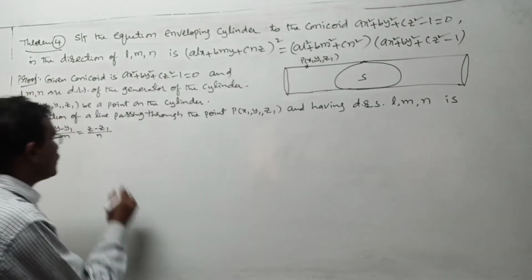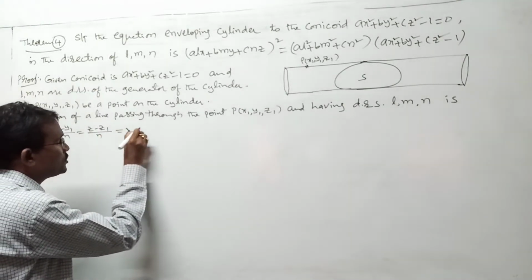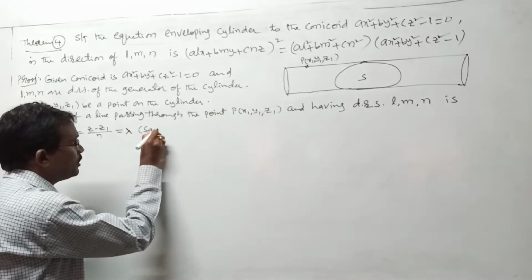In the next step, I want to define a general point on this line. For that, let us take this ratio equal to some lambda.